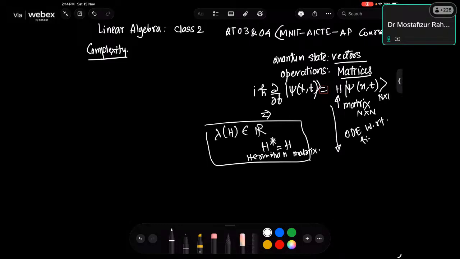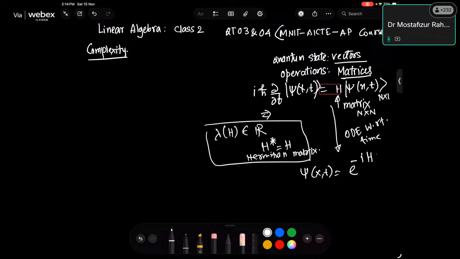If you solve it, your evolved state, ψ(x,t), can be written in terms of the initial time as e to the power minus iHt times ψ(x,0), just by solving this ODE, taking time and space as independent variables.